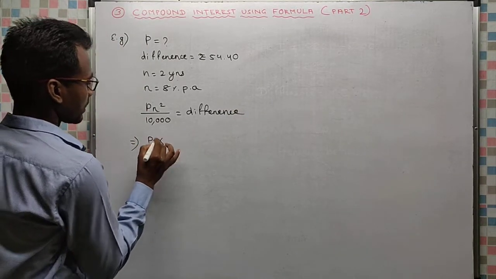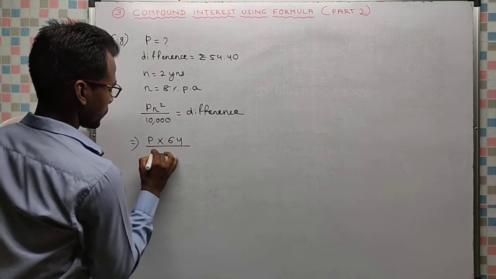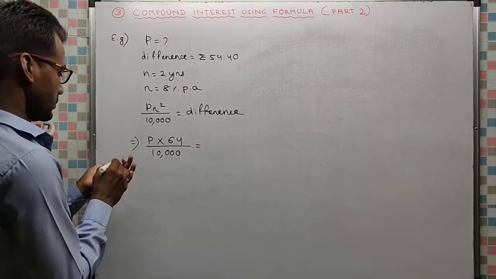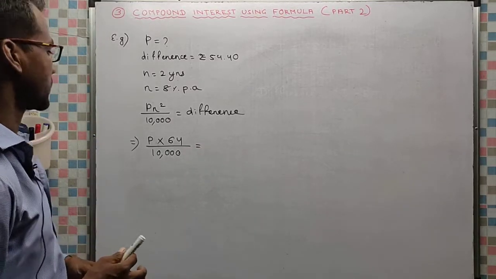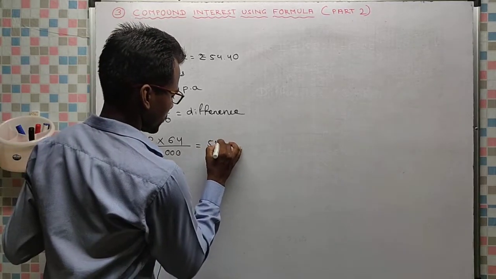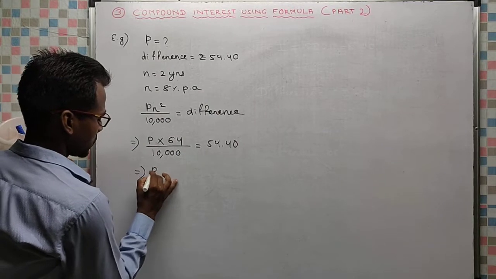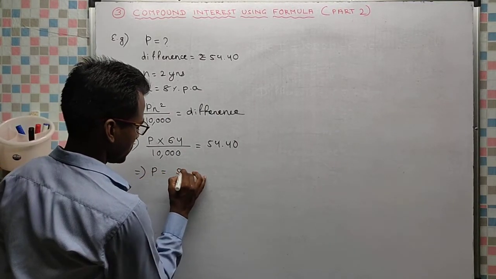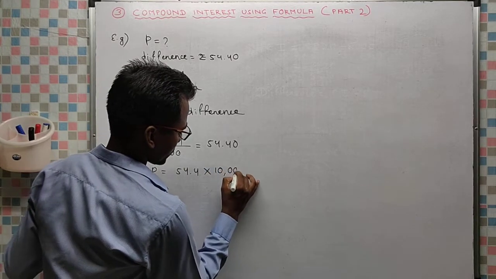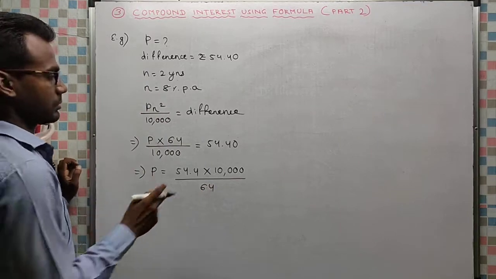P into R is 8, 8 square is 64, by 10,000 is equal to 54.40. So P is equal to 54.4 into 10,000 by 64.